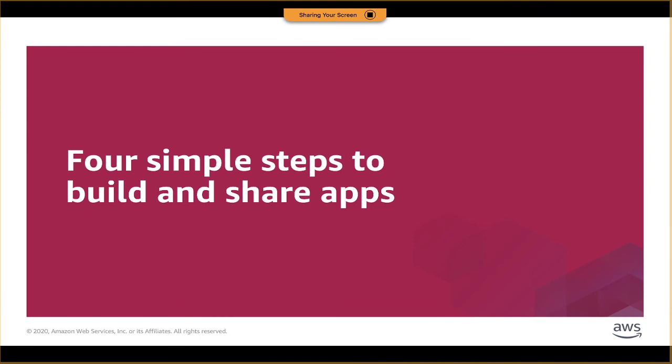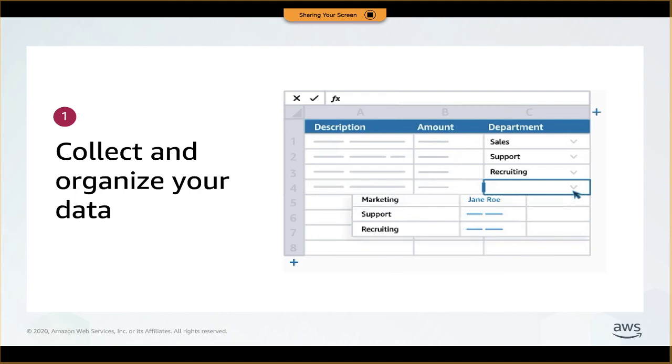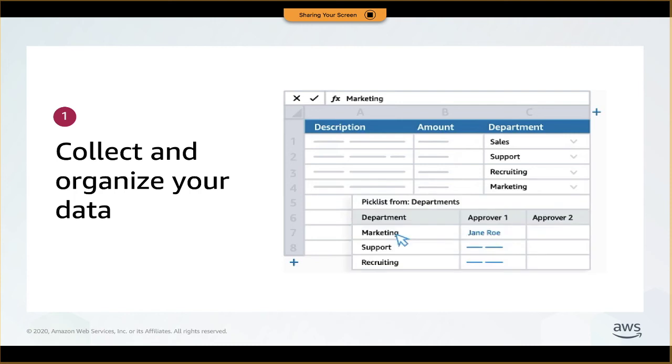If we move to the next slide, we've made it so simple, in fact, that you can build and launch your first application in a matter of minutes by following 4 simple steps to go from an idea to a working application that your team can use immediately. Next slide, please. So the first step is to collect and organize your data in tables.